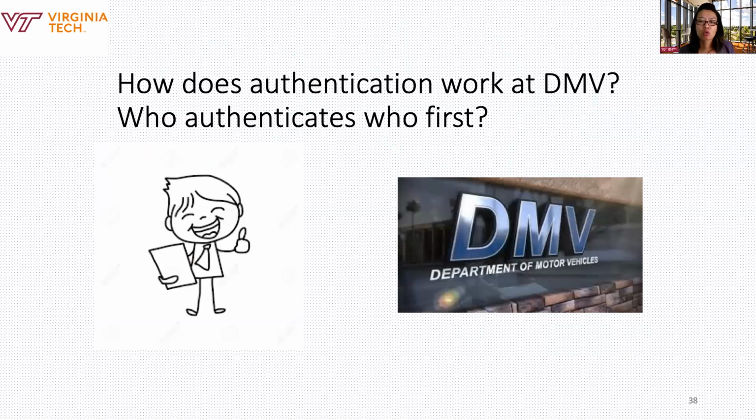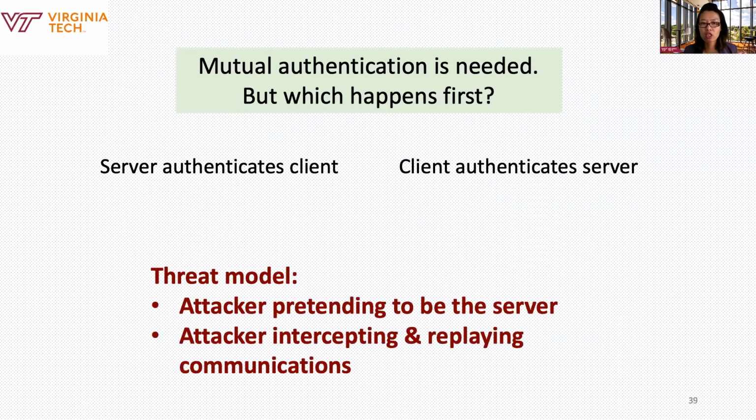How does authentication work at the DMV? How do you know that it's safe to give them your private information, your driver's license? Well, because you're in the right place, right? So there are physical evidences that indicate this is the right authority, the service provider.